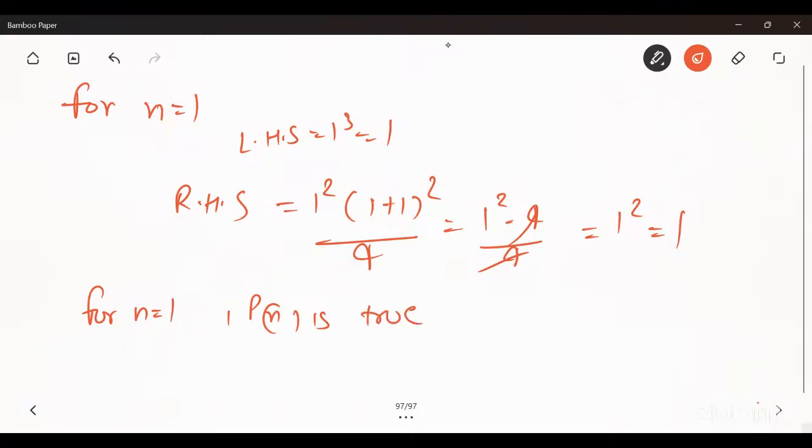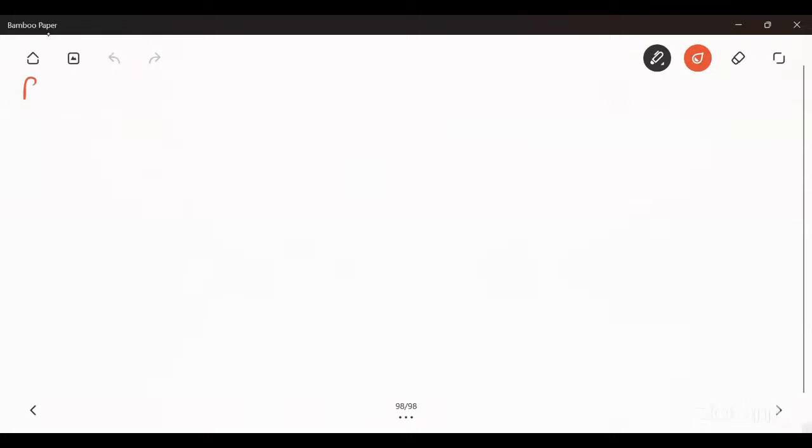Now take n equal to k, and assume Pn will be true. For n equal to k, Pn is true.